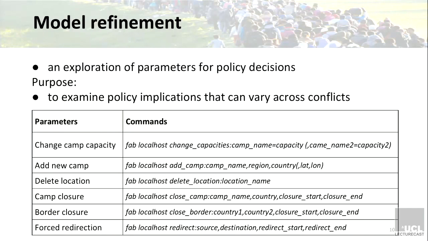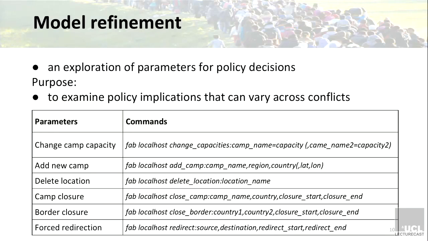What I've done is I've developed 6 parameters so far. So we have change camp capacity. When camp capacity gets filled up, then we have to make sure that we incorporate that within our simulation. That's why I have a change camp capacity command that can be used. It's all automated, as I said. And then we can add any new camp if you want to within our simulation, if you find it at a later stage, for example if we haven't found it at the beginning of our initial model construction.